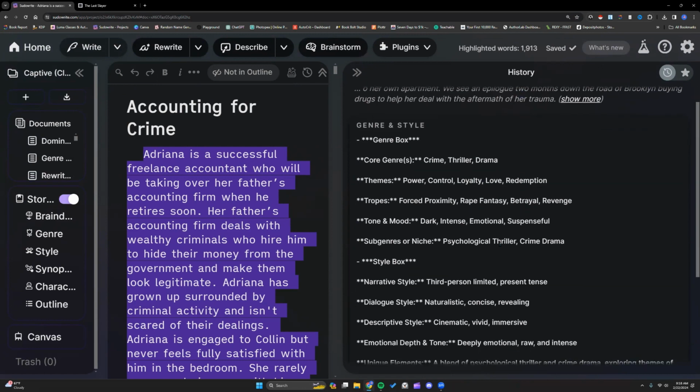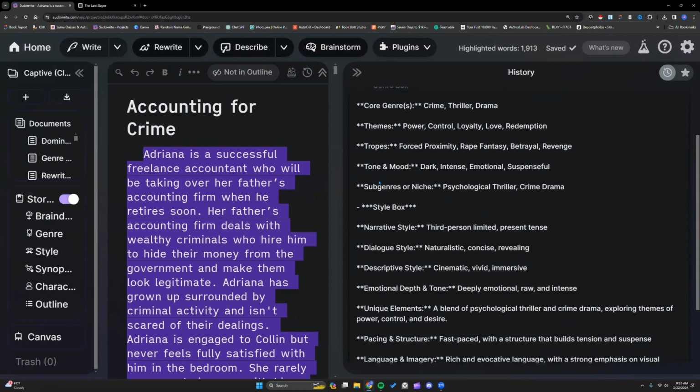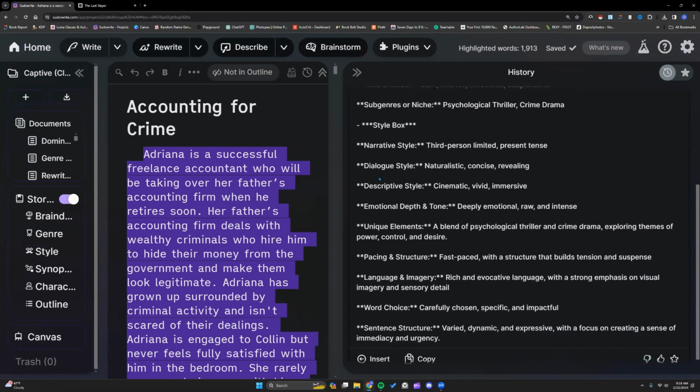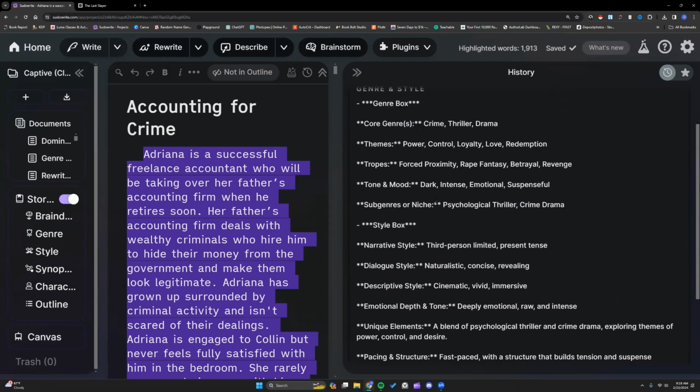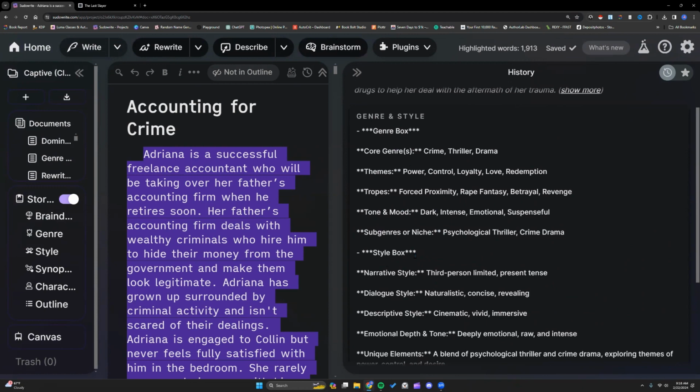Now this is typically how I would do it after I have my brain dump fixed to where I know it's perfected pretty much. I would run this either here via the plugin or in ChatGPT. And I would load up my genre and style box with all of these different phrasings that I agreed with and thought fit my story. I would put all of that in my genre and style boxes before I generated my outline.